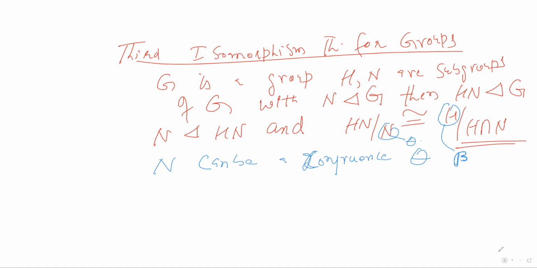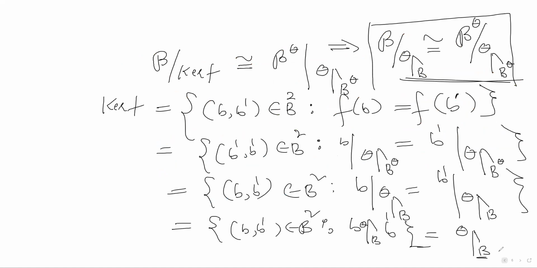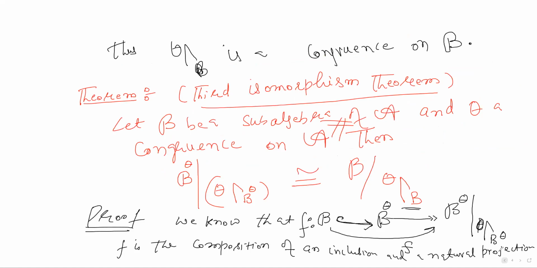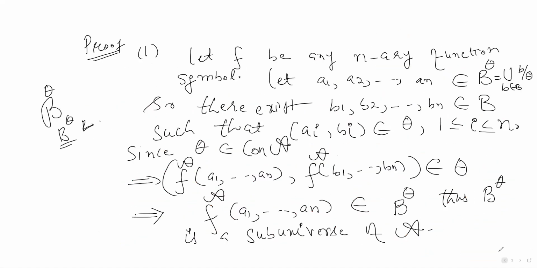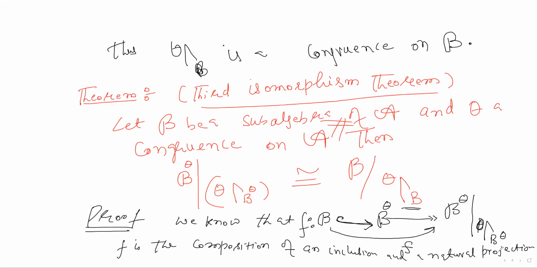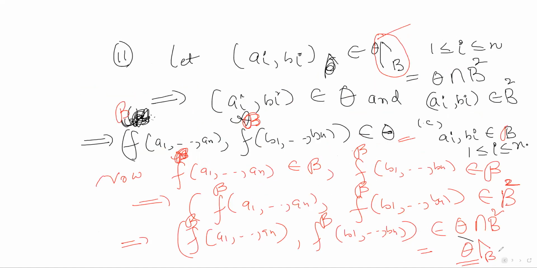So just as we have seen that this theta restricted on B was what?